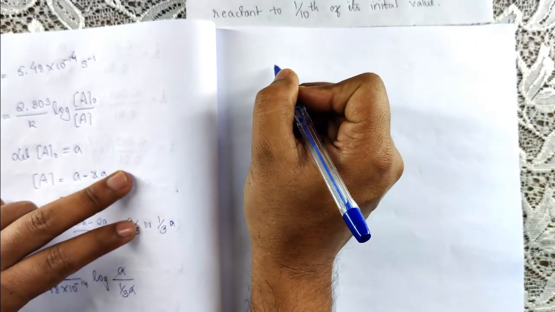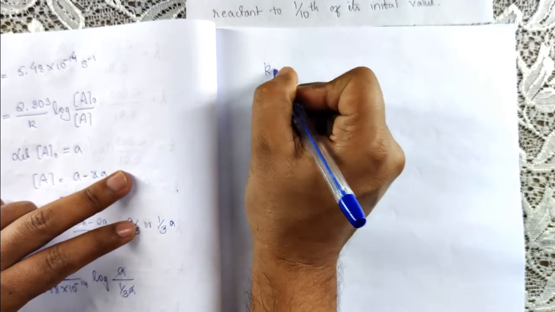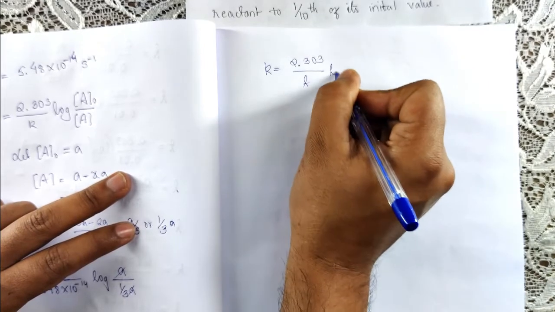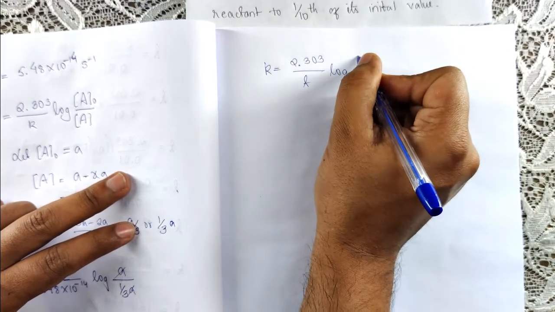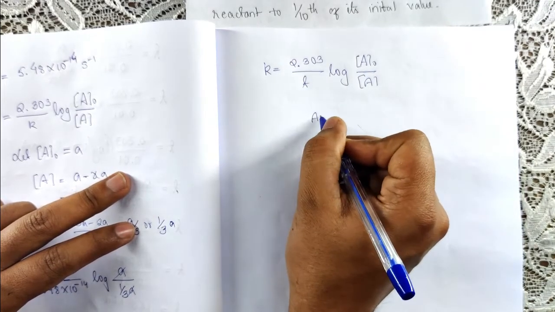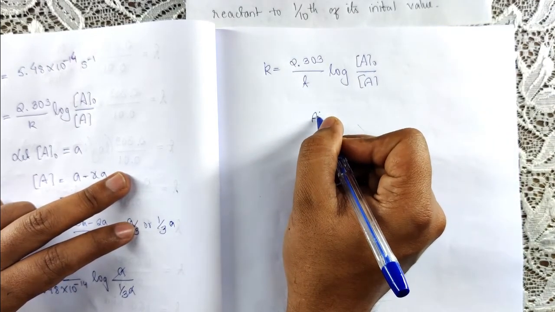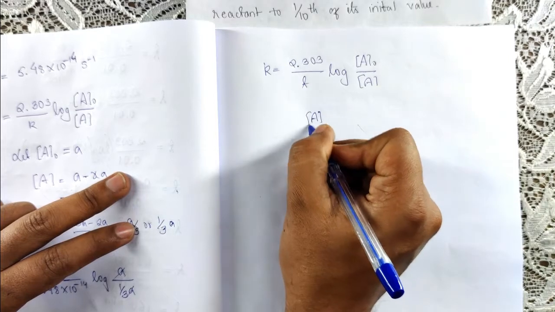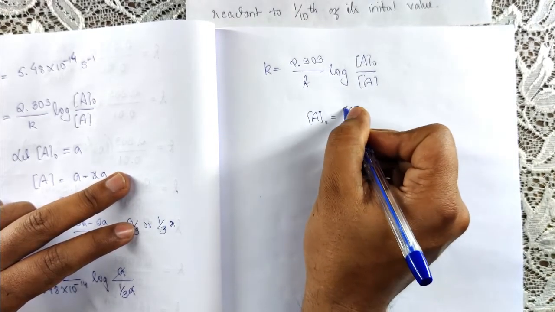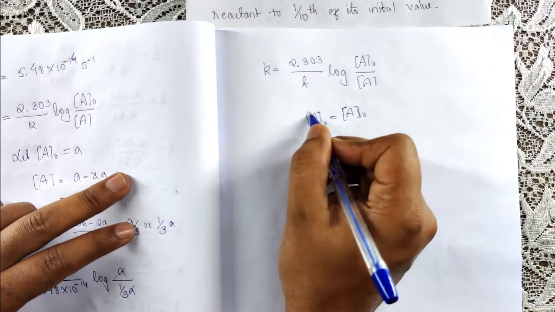So you have the formula K is equal to 2.303 by T log A naught by A as always. Out here A naught, we are going to take it as A naught itself. We will not change this one, no use of changing.